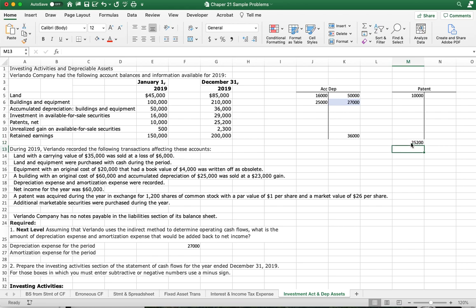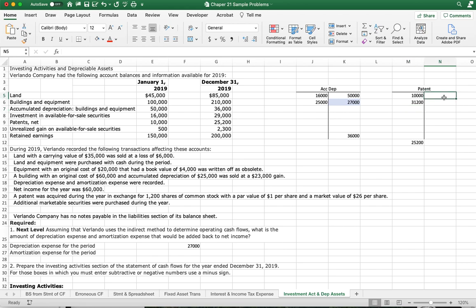And then if we look into the information, we can see that a patent was acquired during the year in exchange for 1,200 shares of common stock with a par value of $1, market value of 26. So we can say 1,200 times 26, and we get 31,000.